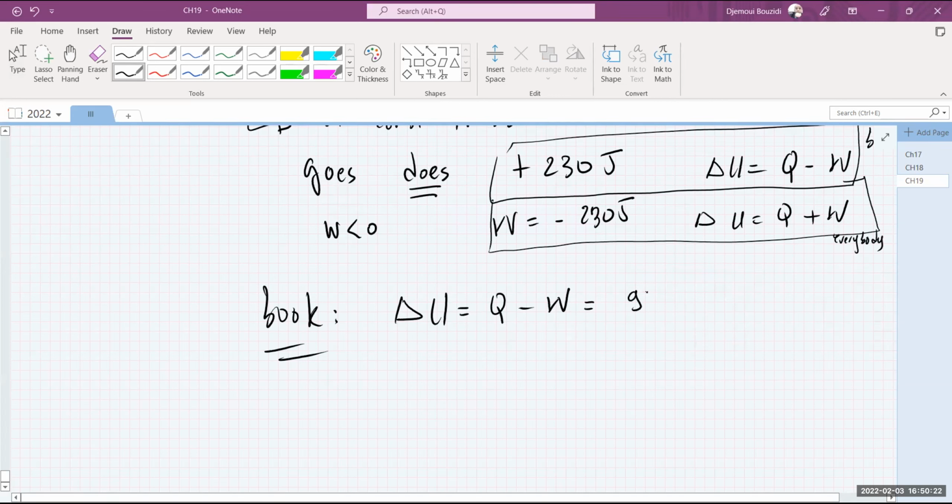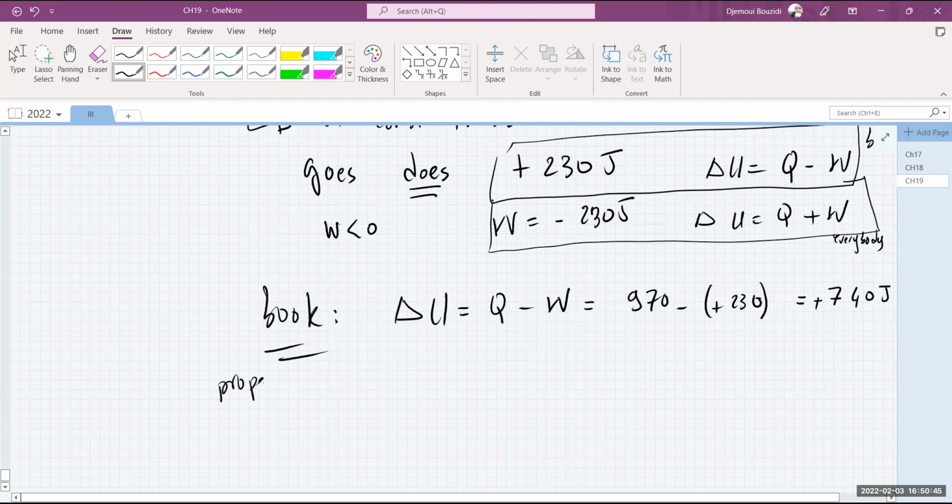It's 970 minus positive 230, and you can do the math. 970 minus 230 is 740, and it's a positive value of energy. Make sense?